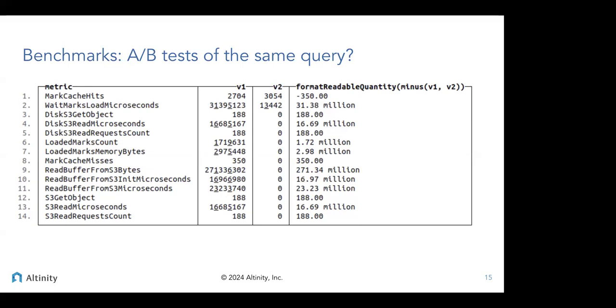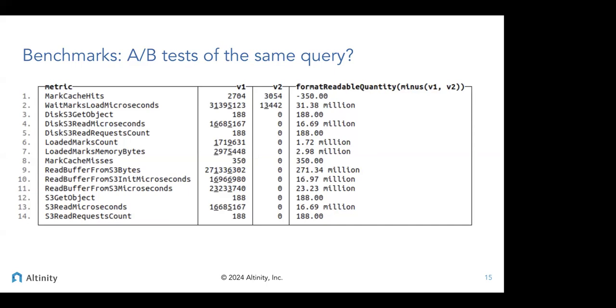Now if we start looking at the output of that query, we can see that the first run had about 300 mark cache misses. It means that it used to read more marks from a disk, while the second one had everything in mark cache hits.